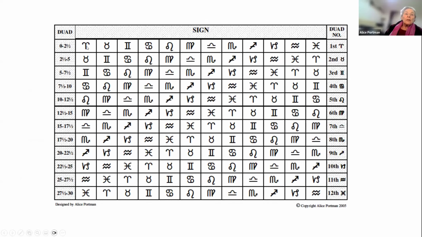So assuming the person is an Aries with no planets activating water signs, if they're born between 7.5 and 10 degrees, they're in the Cancer section of Aries. If they're born between 17.5 and 20 degrees, they're in the Scorpio section of Aries. And if they're born at 27.5 to 30 degrees, they're in the Pisces section of Aries.